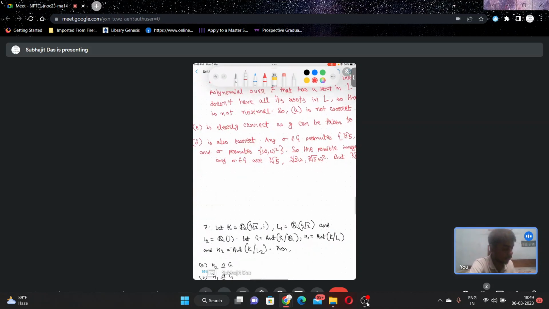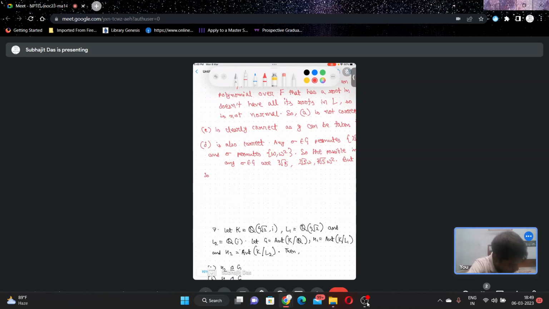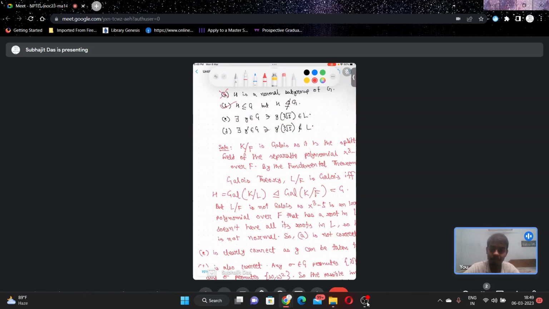So if D is incorrect, that is, in other words, if for every element G prime in capital G, G prime of cube root of 5, which is an element in K, always belongs to L, that is, if every element of the Galois group of the extension K over F maps cube root of 5 onto some element of capital L, you take any element in the Galois group, it sends cube root of 5 onto some element of capital L.